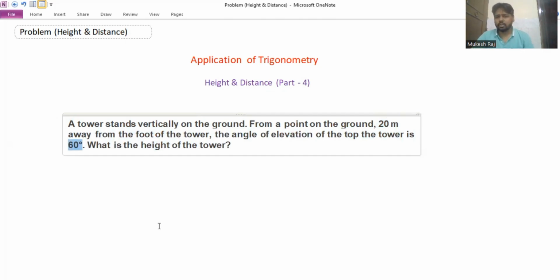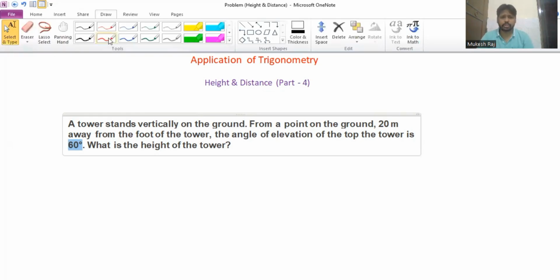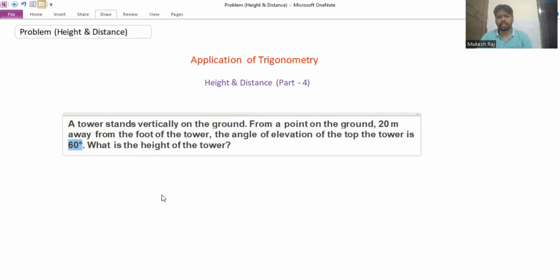Friends, here we can see that this is the first case implementation of the problem. In order to solve this kind of problem, it is best that we first draw the diagram depicting the entire problem in the form of a figure.